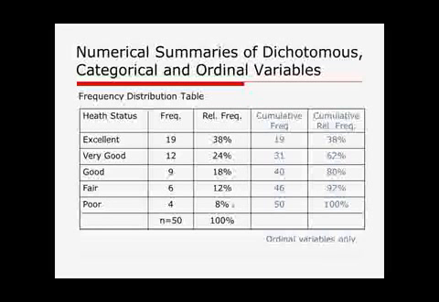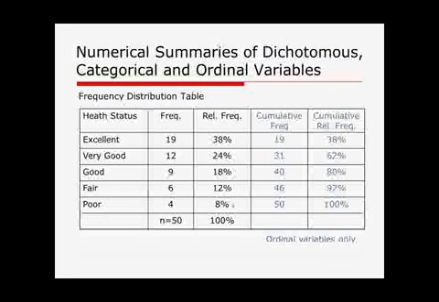And the bottom of that column says lowercase n equals 50. That's the sample size. The sample size is always indicated by lowercase n, and in this case 50 people responded, and if you sum up those frequencies, they would total to 50 because each person provided only one of those particular health states.